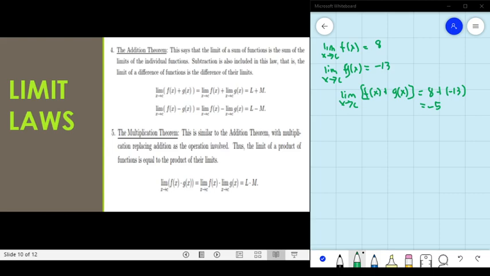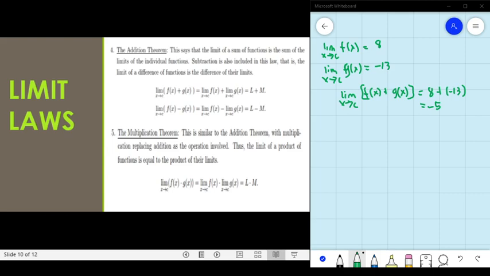Next is we have the multiplication theorem. So this is quite similar to the addition theorem, with multiplication replacing addition as the operation involved. Thus, the limit of a product of functions is equal to the product of their limits.